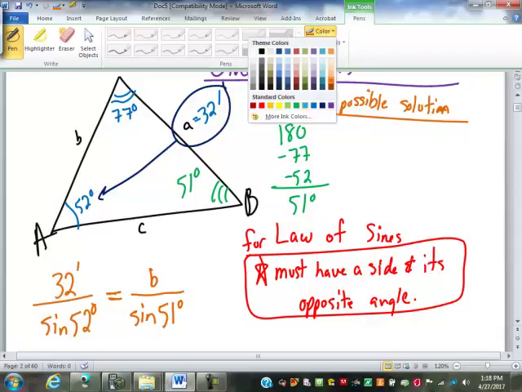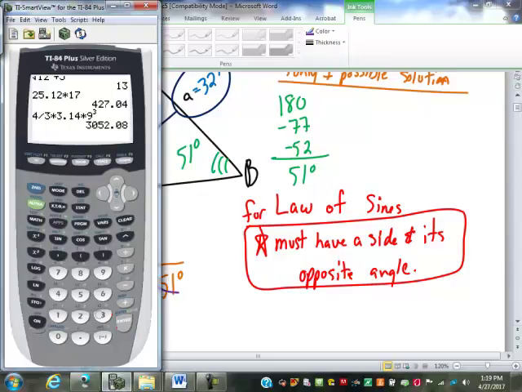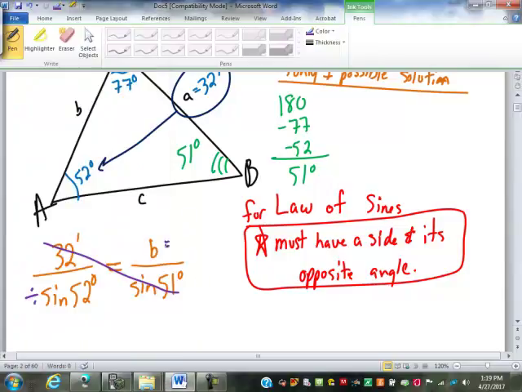Smaller, because the angle is a little bit smaller. Not much. It's 52 degrees and 51 degrees, so it's going to be close to 32. So now we'll cross multiply and divide. This is just a proportion. So 32 times the sine of 51, close that parentheses, divided by the sine of 52, 31.56, we're going to call that. Again, not a whole lot different than 32, just a little bit smaller.